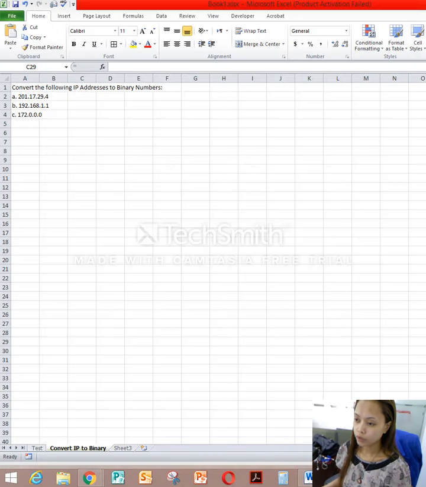First off, you have to find out the binary number of separation, like for the first, 201.17.29.4. We have to find out the separate binary for all numbers like 201, 17, 29, and 4.